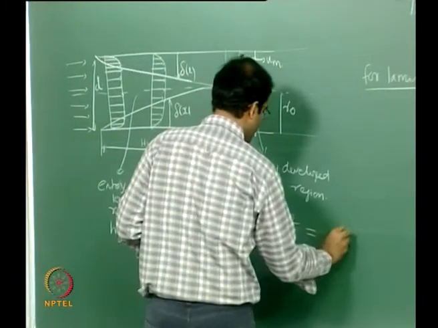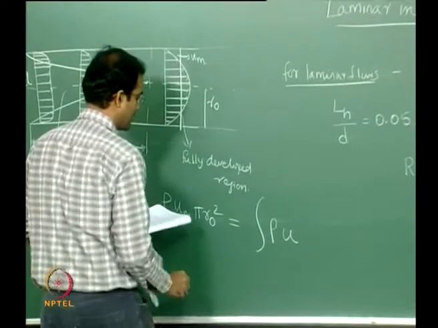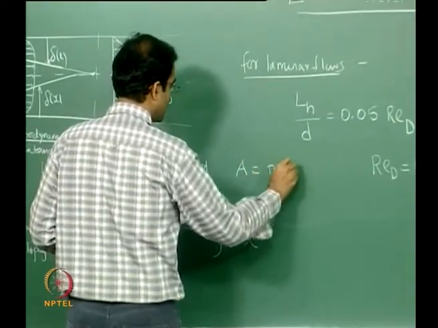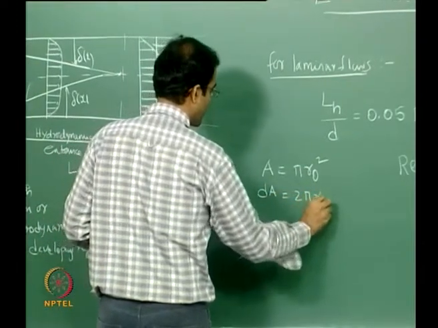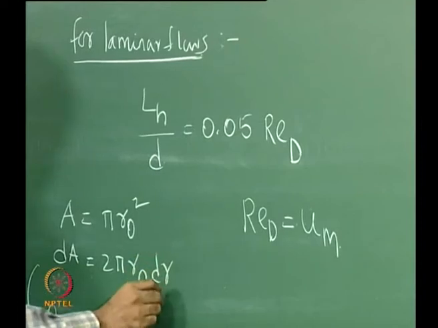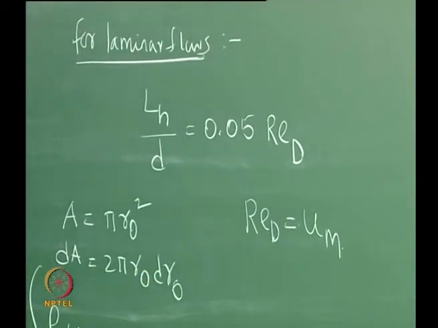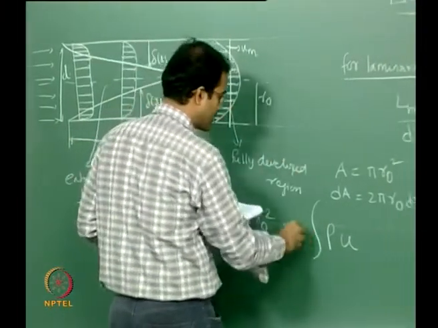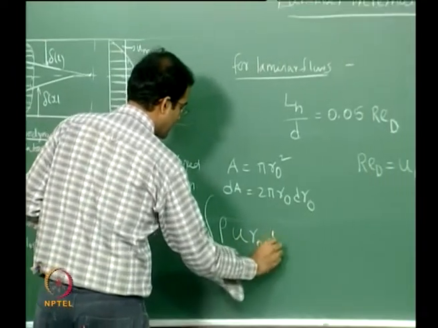So this should be equal to the flow rate obtained with this particular parabolic profile. So that is rho into u into, now if you say area is equal to pi r naught square, my dA will be equal to 2 pi r naught dr naught. Okay, so I can integrate this over the entire cross sectional area.